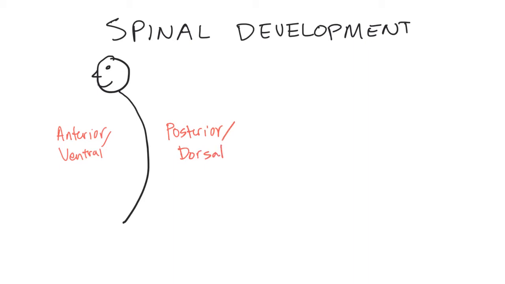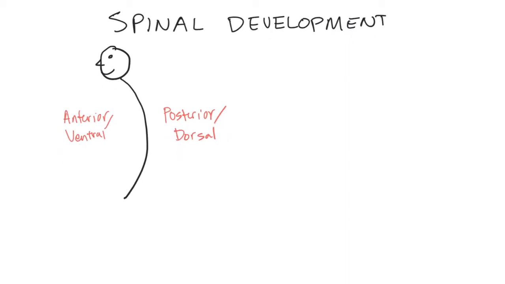Okay, so at birth, your spine has this shape to it, okay? And so we call this curvature, which is going from the posterior end, this would be convex, okay? And from the anterior end, this would be concave.